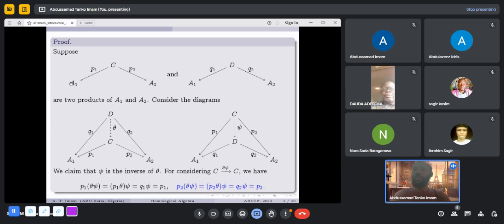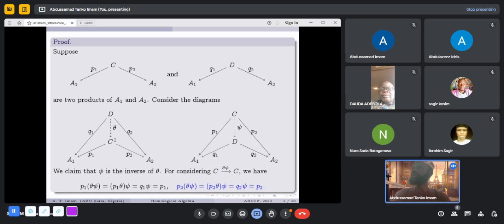When you are talking about the product of A1 and A2, it's not just the object C. It is the object C equipped with the projections, P1 mapping C into A1 and P2 mapping C into A2. So if C is a product of A1 and A2, and D is also a product of A1 and A2, meaning Q1 and Q2 are its projections, then we can consider these diagrams.